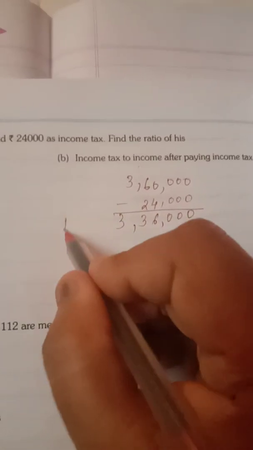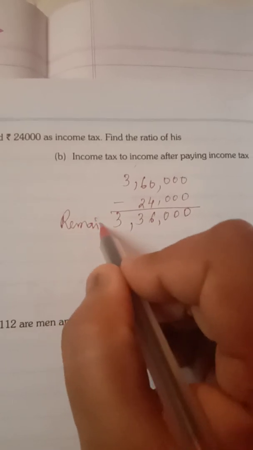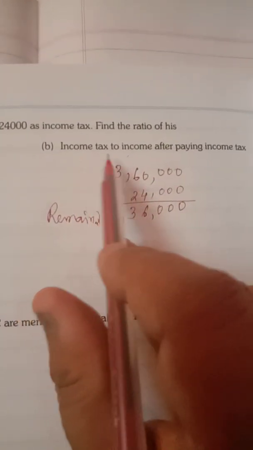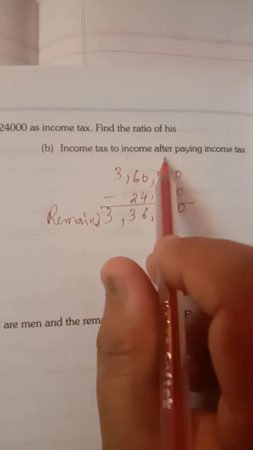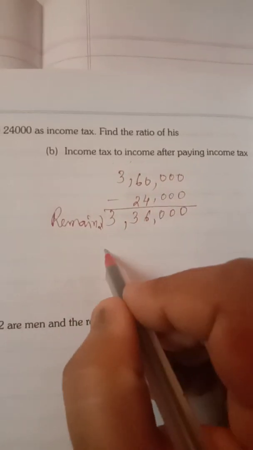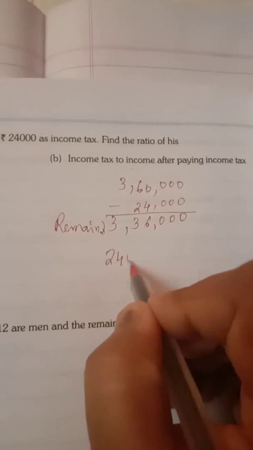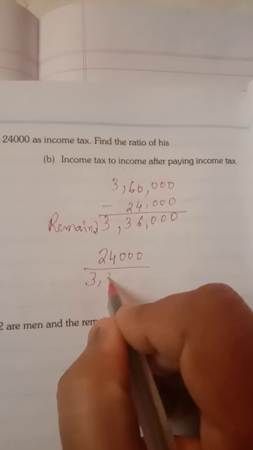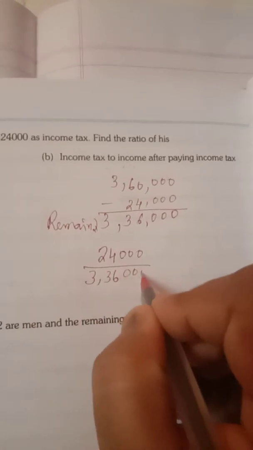So the remaining amount is rupees 3,36,000. Income tax to income after paying income tax: 24,000, and here it is 3,36,000.